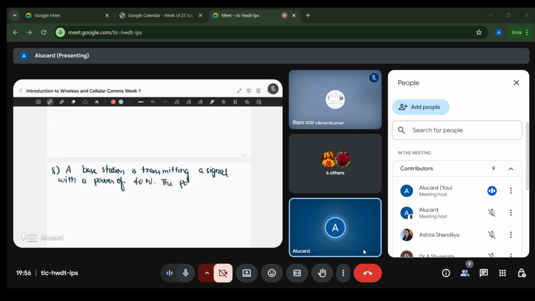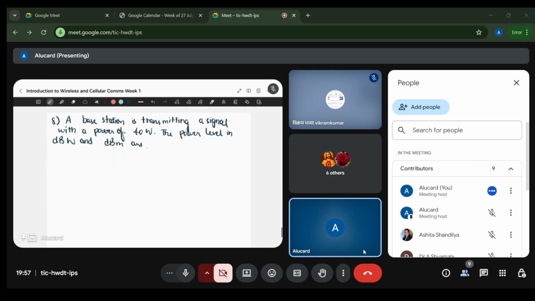The power level in dB watts and dB milliwatts are? Again, this is very straightforward. They are giving you the power in watts.